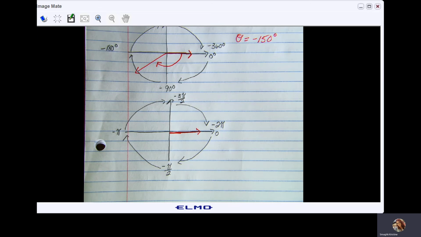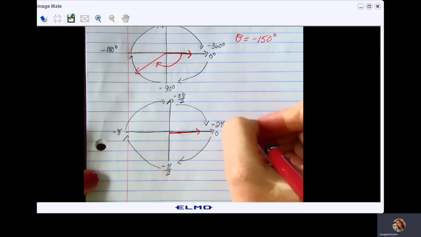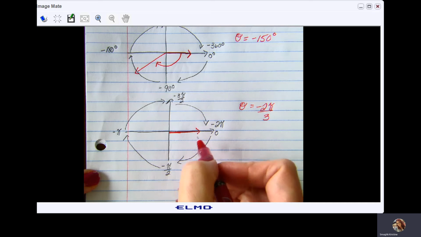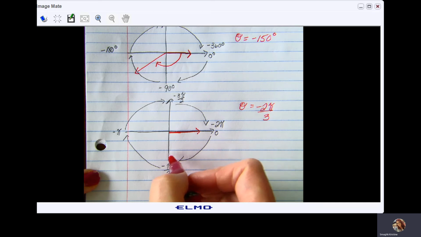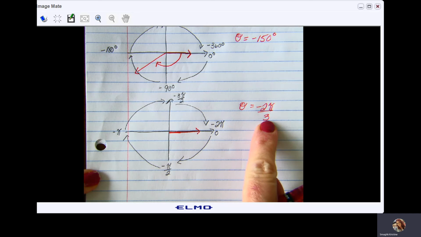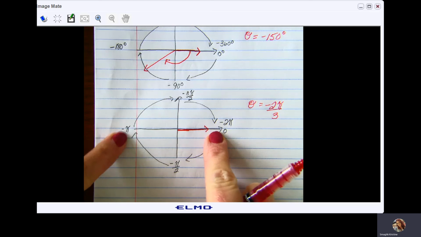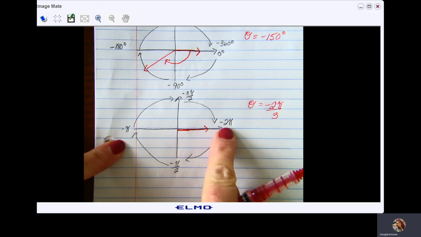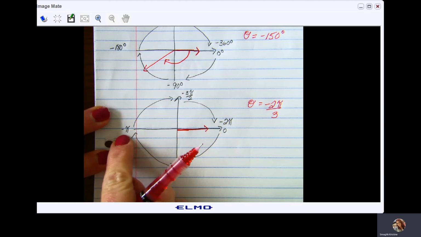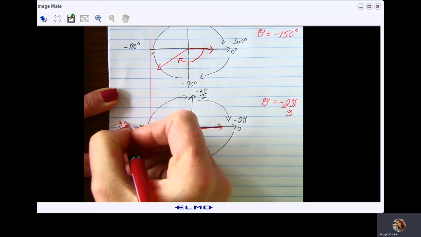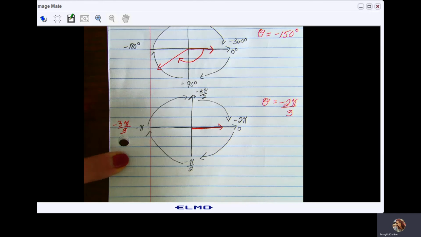So if I say, let's find negative 2 pi over 3. So theta equals negative 2 pi over 3. So if I'm over here and I'm moving, and now notice I got a fraction. I've got a 3 in the denominator. Super simple, just bounce them off of the x-axis. I can rewrite both of these easily with a 3 in the denominator. So negative pi, if we want to write that with a 3 in the denominator, would be negative 3 pi over 3.